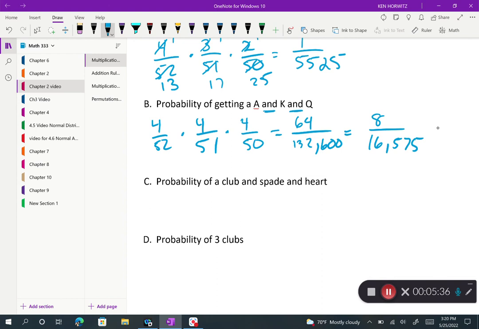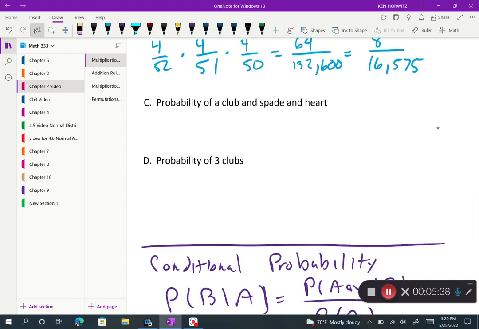All right. So let's take a look. The probability of a club, a spade, and a heart. All right. Well, now we're looking at the deck from a different perspective. There are 13 clubs out of a total of 52 cards. Now I'm going to multiply that. Right? If I draw a club, then I want to draw a spade and a heart.